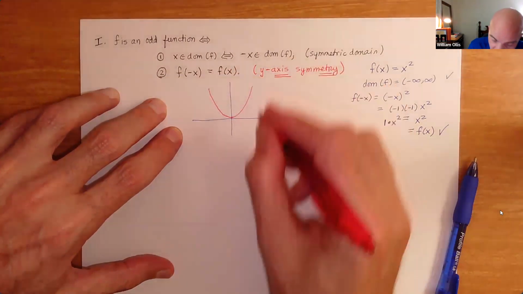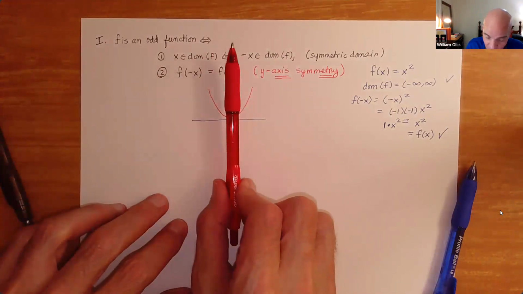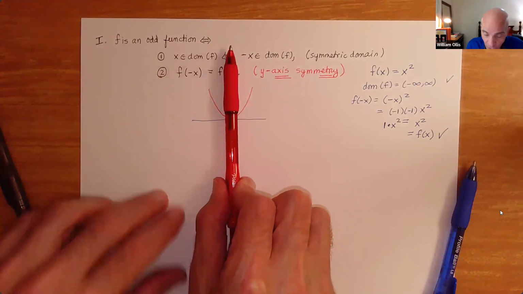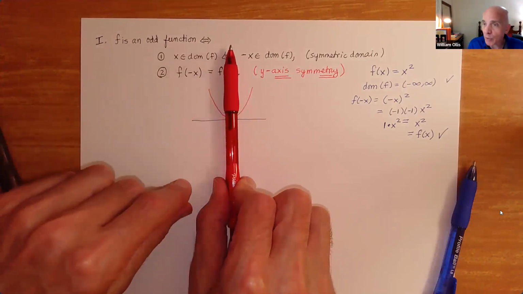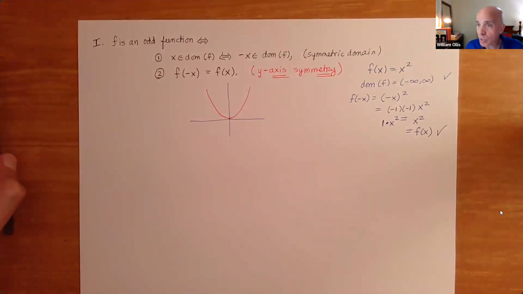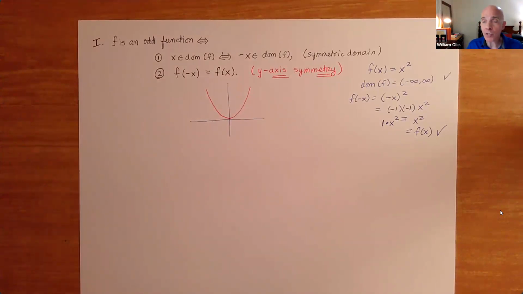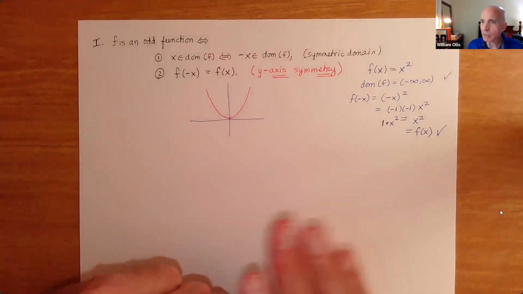When we think of y-axis symmetry, we think of the y-axis as being a mirror, and on either side we basically get the reflection. That's what we refer to as y-axis symmetry. You can look at a graph of a function and it may appear to be even, but remember, that's not a proof. To prove that a function is actually even, you must work with the definition.